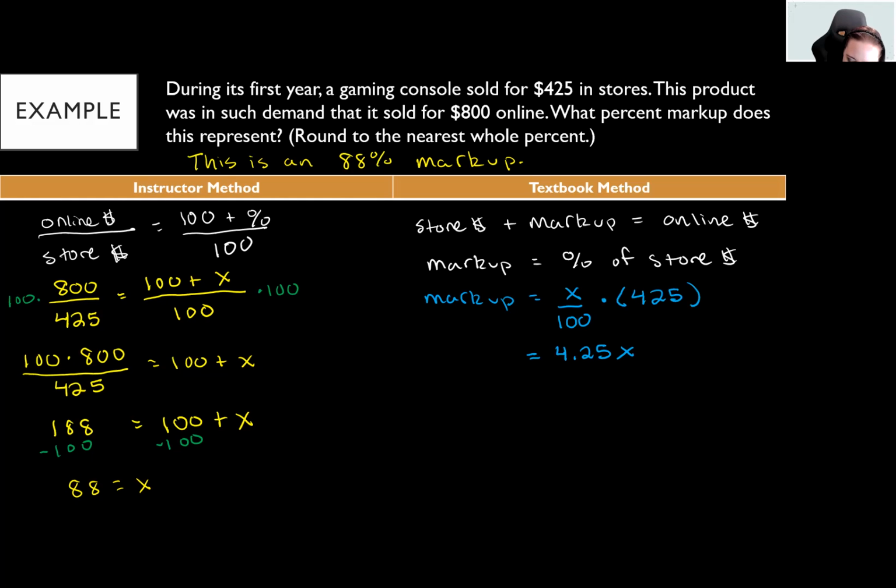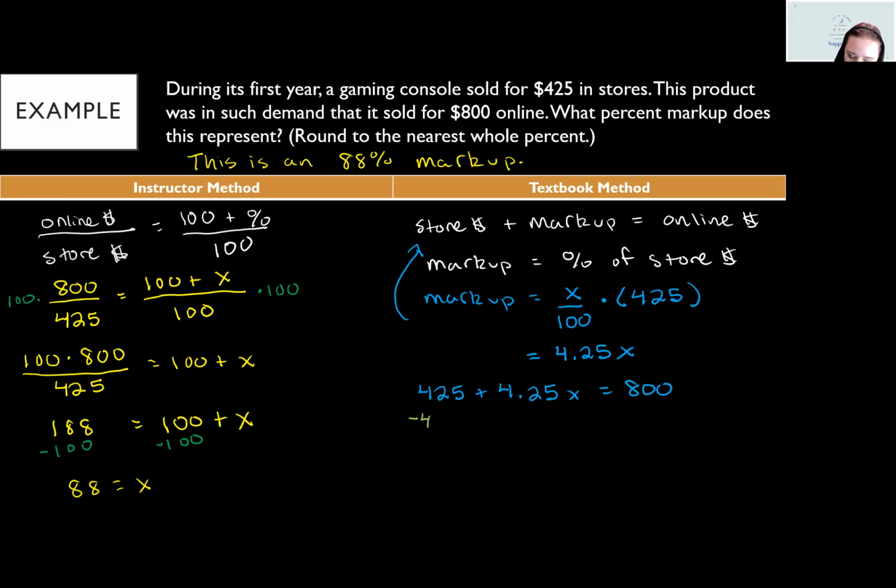Once you figure that out, now you're going to be putting it back into this formula. So our store price was 425 plus 4.25x equals the online price, which is 800. And so now you are solving for x.